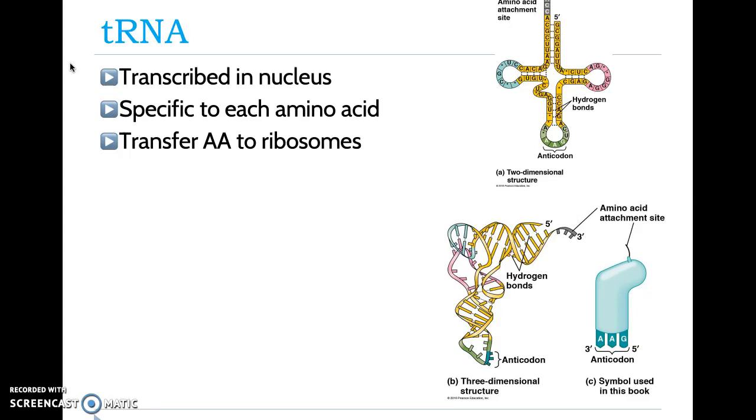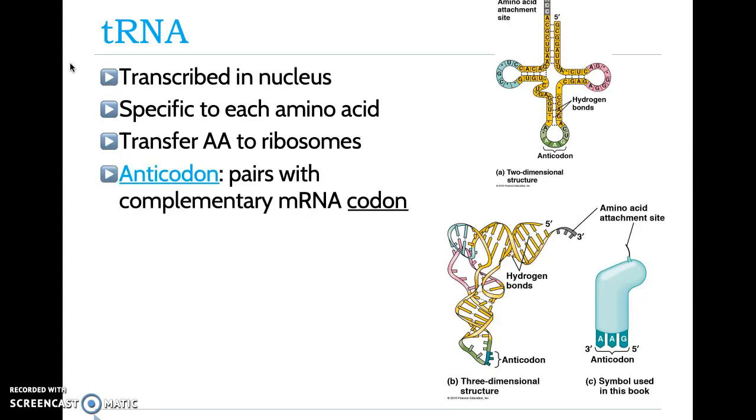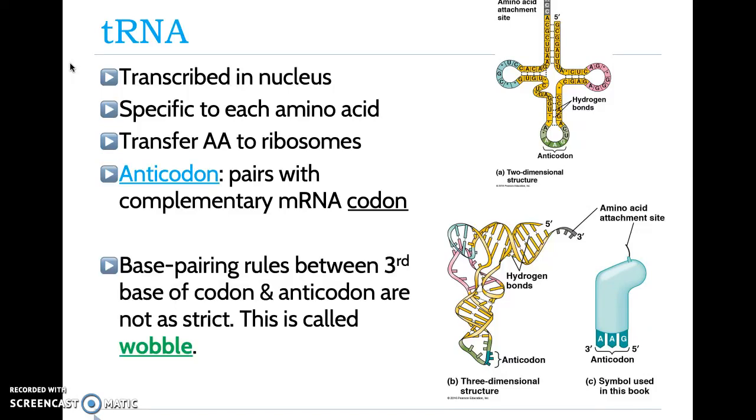This is known as an anticodon. The anticodon is going to complement or base pair with the mRNA strand codon. When these complement one another, that indicates that the appropriate amino acid has been brought and can be added to the polypeptide chain.